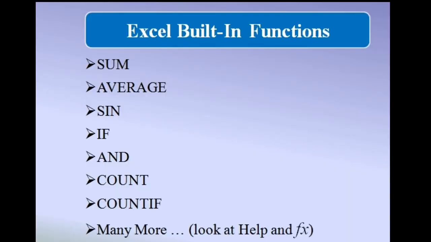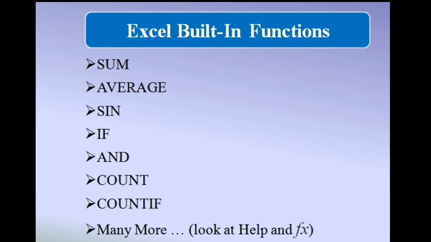Excel built-in functions. These are examples of MS Excel built-in functions: sum function, average function, min function, max function, if function, and function, countif function, and many more functions are available in the MS Excel function category.